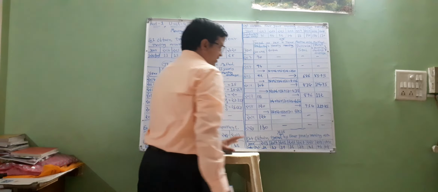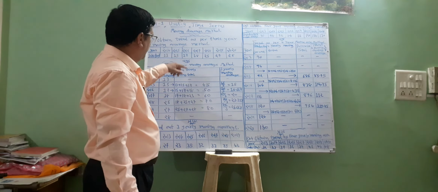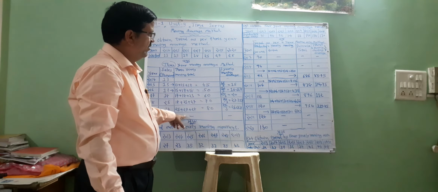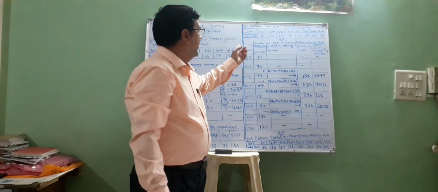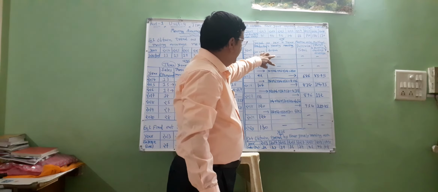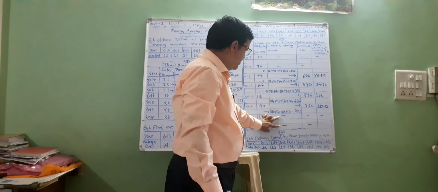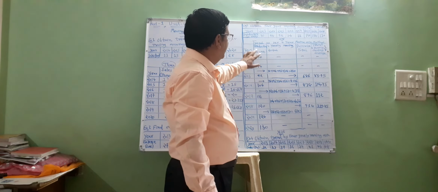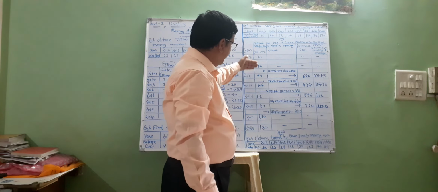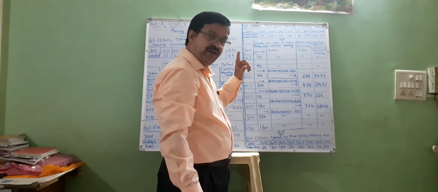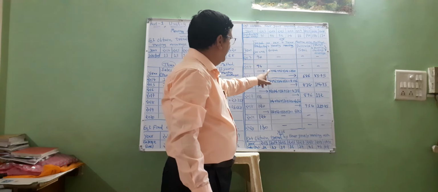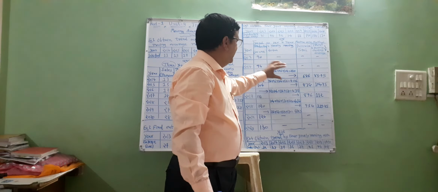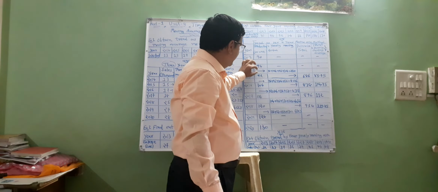So see friends, in 3-yearly moving average, first and last year amounts cannot be received, and in 4-year moving average we can't receive first and last 2 years data. Once again friends, first take gap between every 4-year moving average. Now take total of 4 and write between these 4 here.